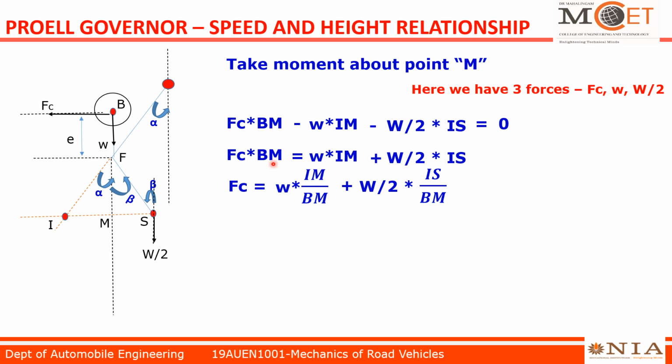I just bring Bm to the right side. Now you can look at it, Im by Bm, here Is by Bm. Now look, this triangle makes alpha angle in a distance Fm.